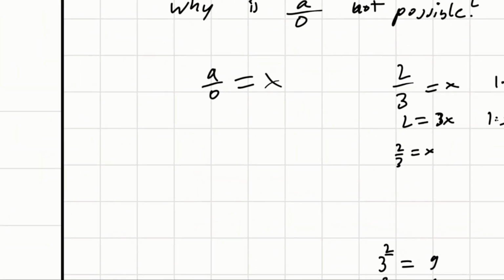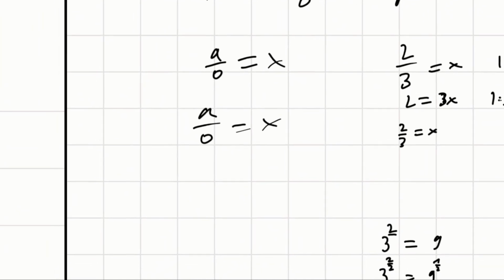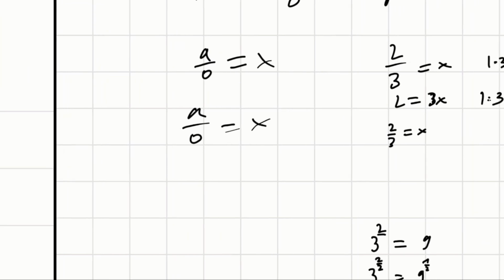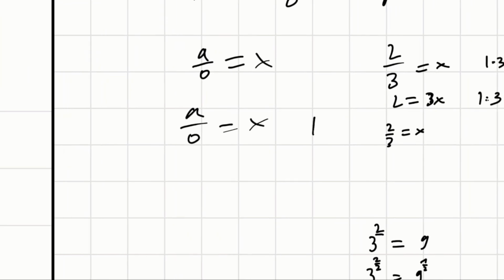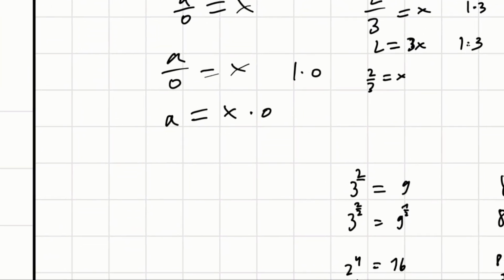If we now say we've got a divided by 0 equals any number x, this would mean we could multiply this by 0. This is the basic rule to get rid of this. We just multiply by 0. So a equals x times 0. The problem is x times 0 equals 0.